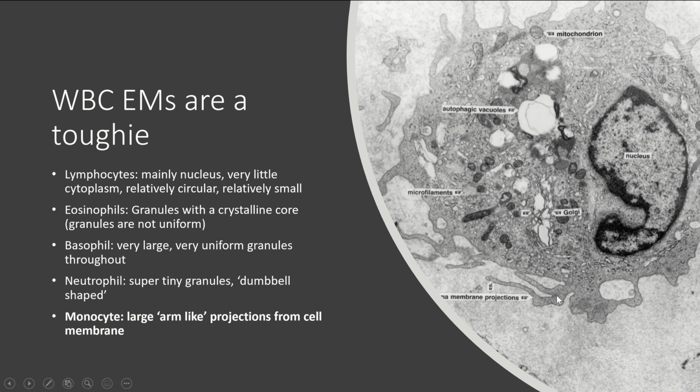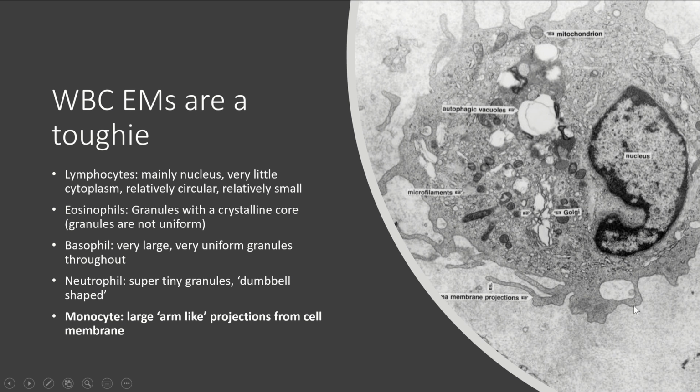They're basically taking their little cell membrane, wrapping it around something, giving it a little hug, and then enveloping it in their cytoplasm. And so they're going to eat it up and digest it. So what I tell people is don't really look in the cytoplasm. That doesn't help me. You can look for autophagic vacuoles, but it depends on what the macrophage or the monocyte is doing at the time.